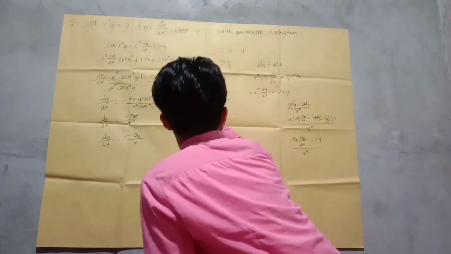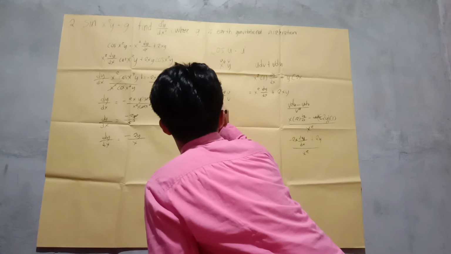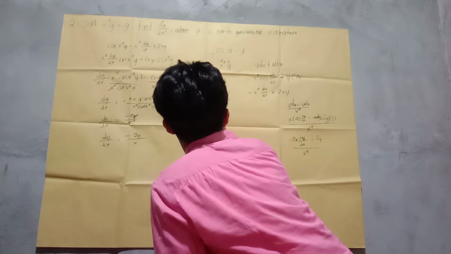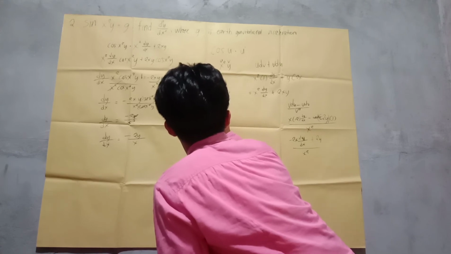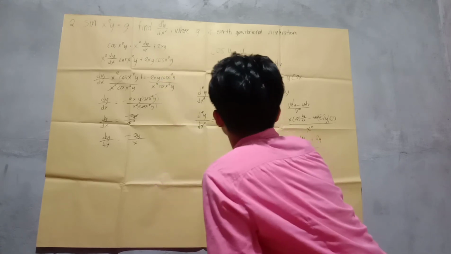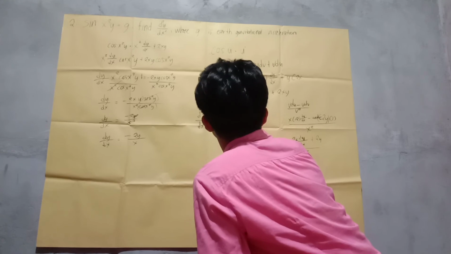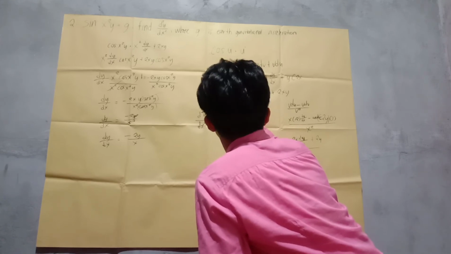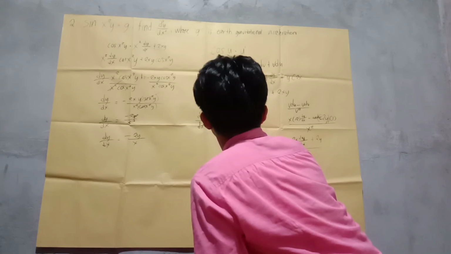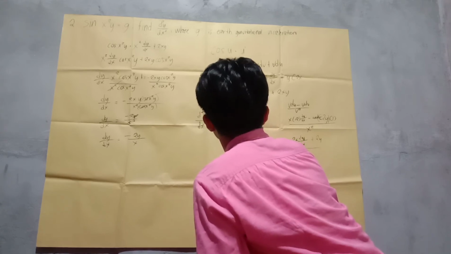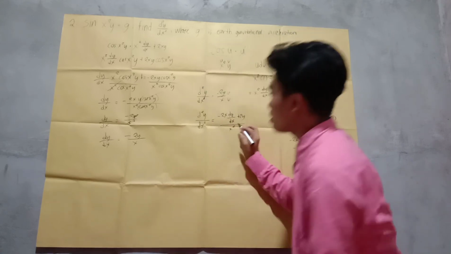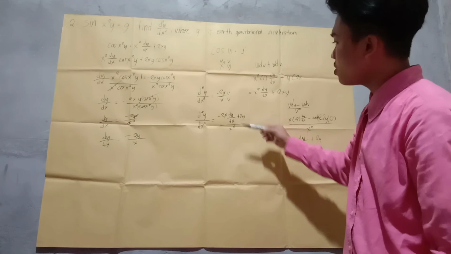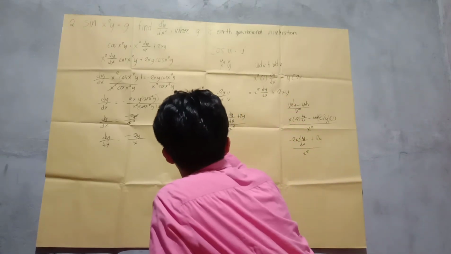So the second derivative of y over dx squared equals negative 2x dy over dx plus 2y over x squared. What we are going to do next is substitute the value of dy over dx.